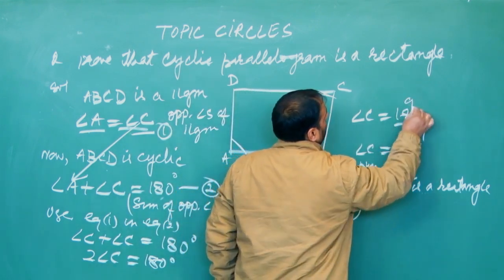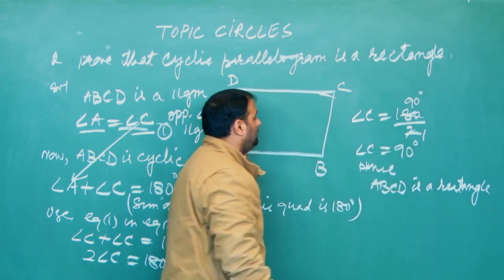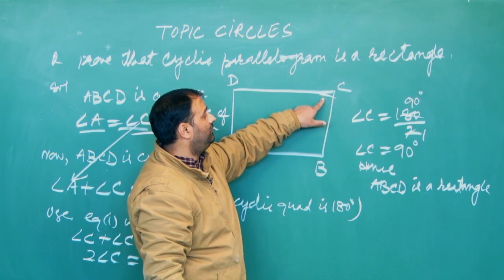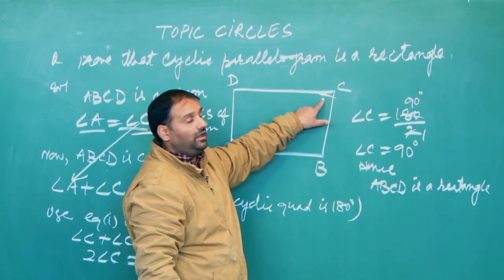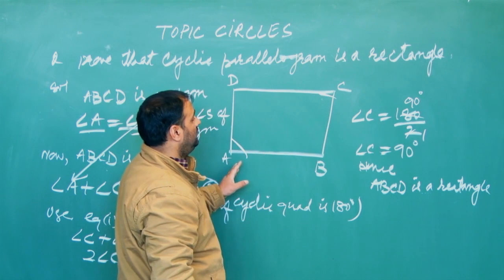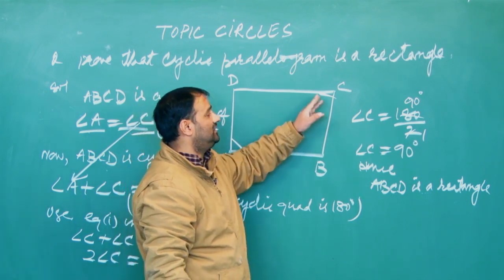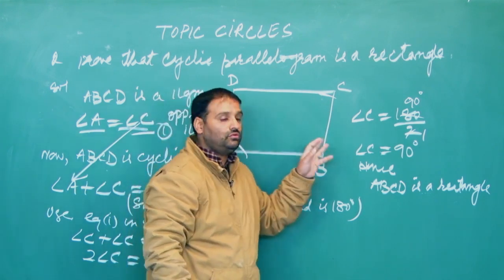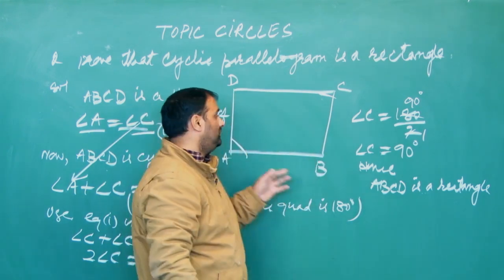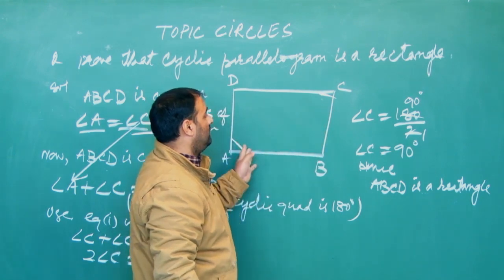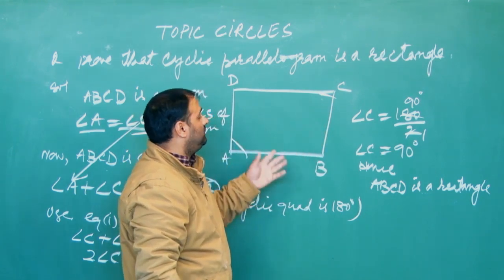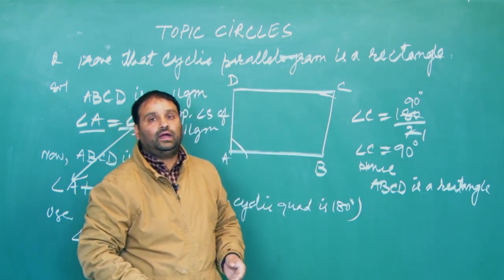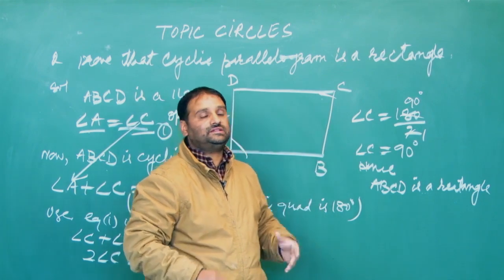As we are given that ABCD is a parallelogram, and we are able to find one of its angles is 90, then it follows that all the other three angles are also right angles. When all the four angles of the parallelogram are equal to 90 each, it forms a rectangle. We call it a rectangle. Hence, we are able to prove that a cyclic parallelogram is a rectangle.